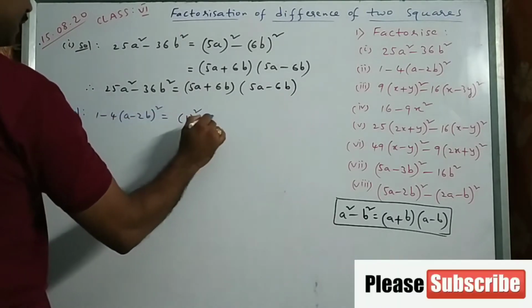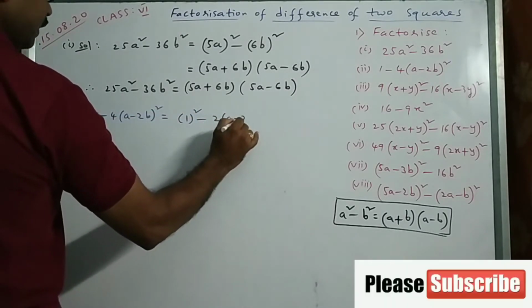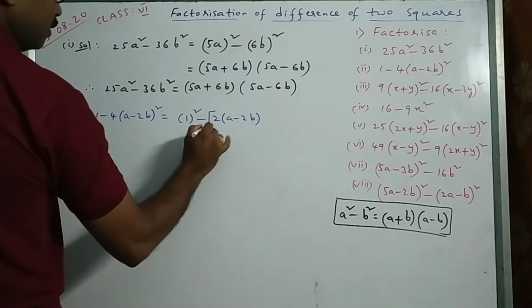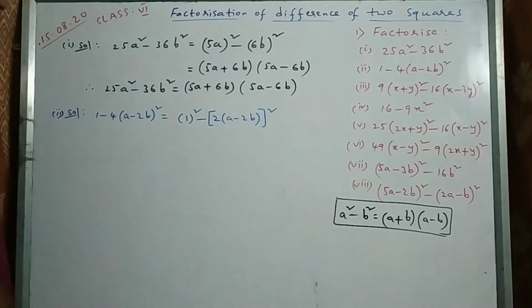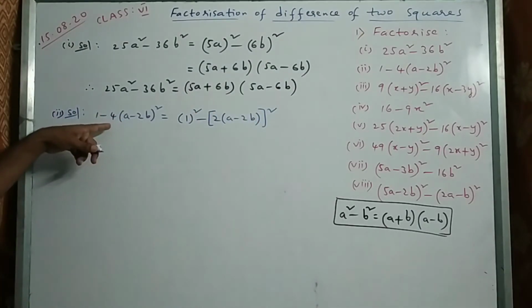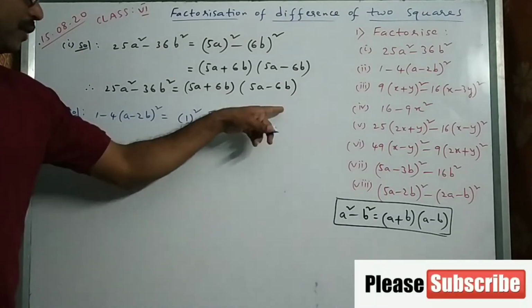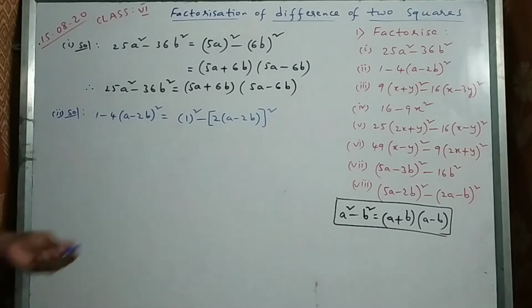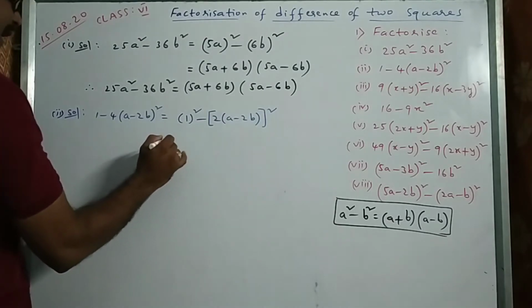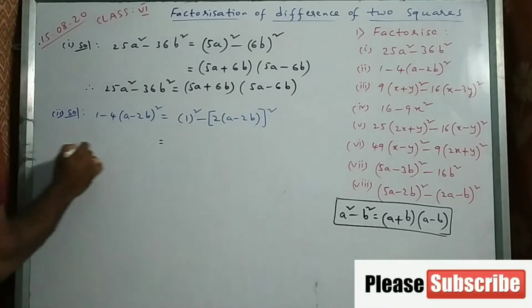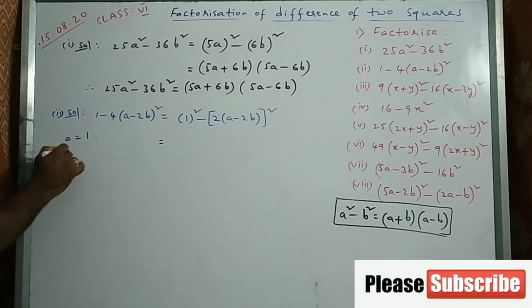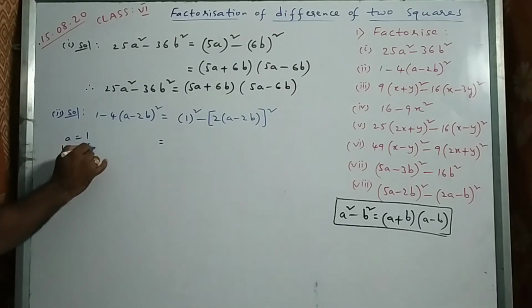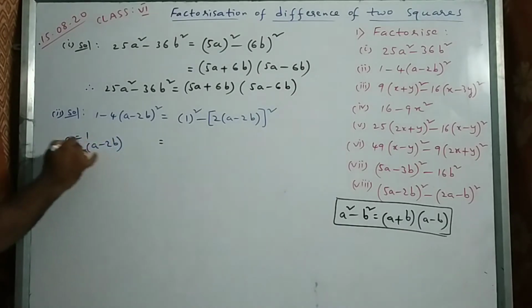This can be written as 2 of a minus 2b whole square, because 4 is a perfect square. 2 square, we can write a minus 2b whole square, that is already a perfect square. So it looks like a square minus b square. So a value 1 and b value 2 into a minus 2b.